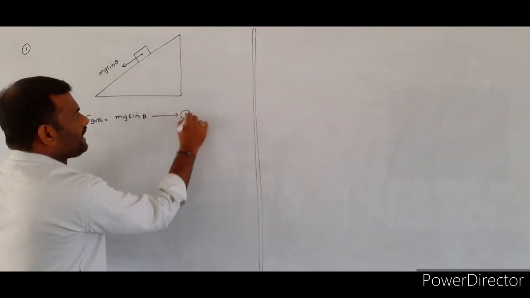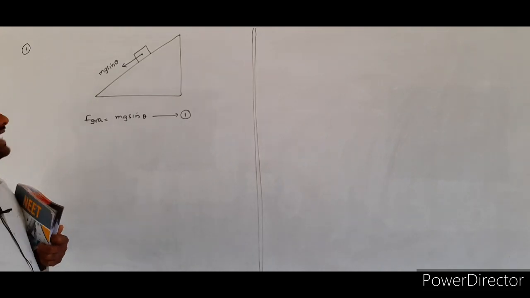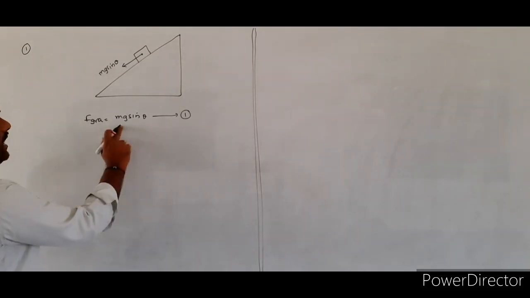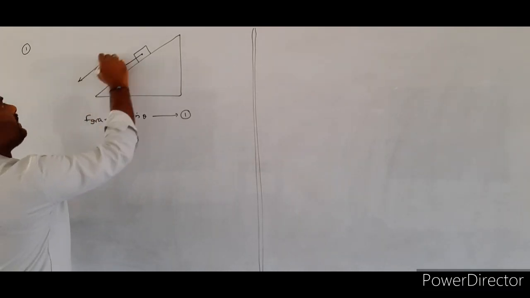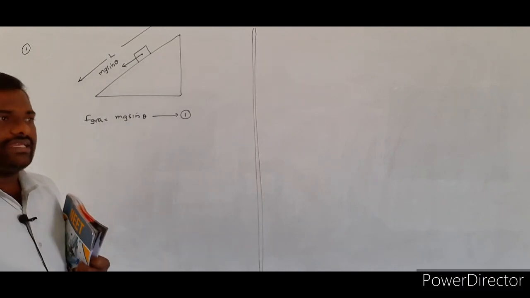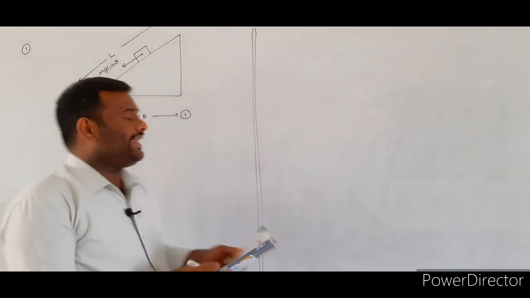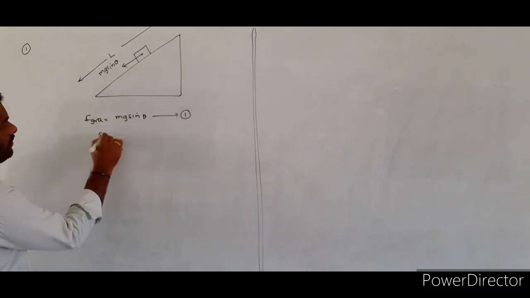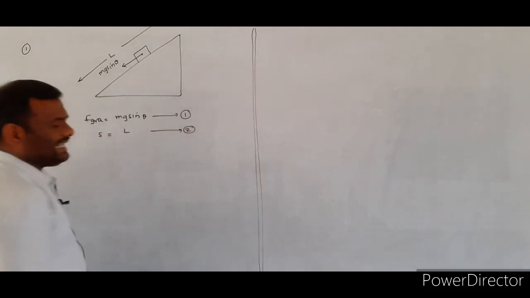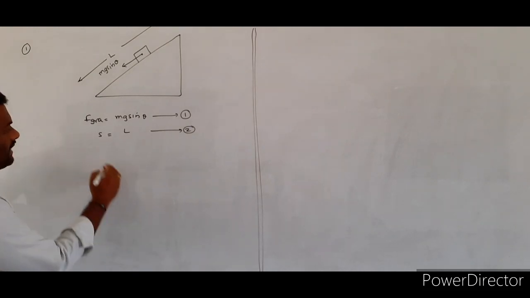The component of the gravitational force acting on the body sliding down the smooth inclined plane is F gravitational equal to mg sin theta. Here they mentioned that capital L is the length of the inclined plane, so the displacement covered by the body is capital L. What is the work definition?